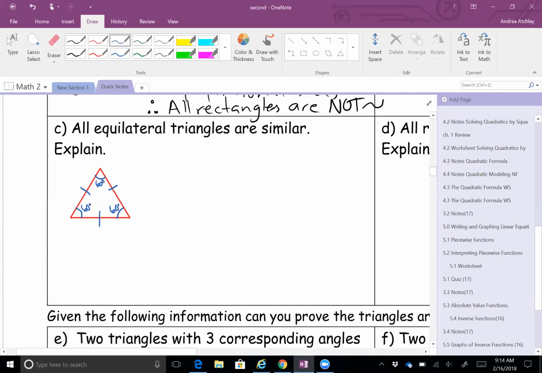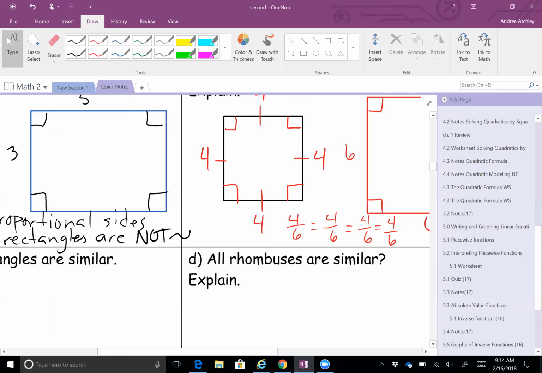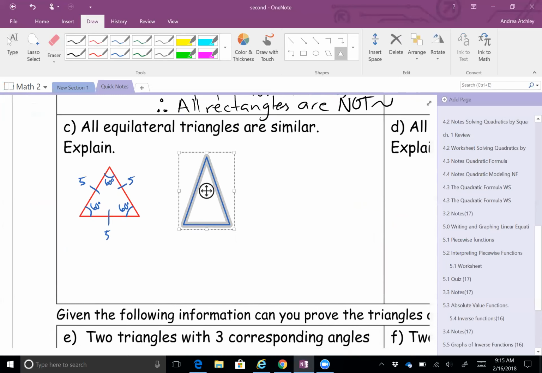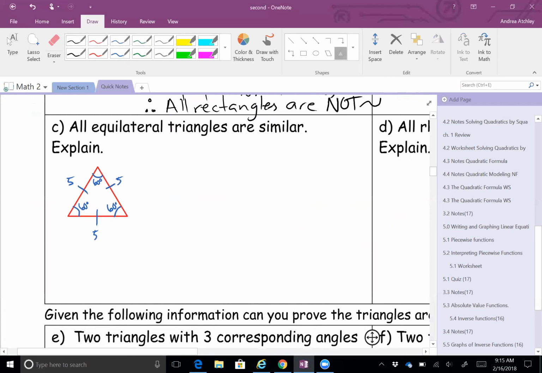Okay, so are all these going to be similar? Yes, because it's just like the square, right? Since all the angles and all the sides were congruent, that means my triangles are also going to be similar. Because if I have, again, a side length of 5, and I draw another equilateral triangle, let's try that again.